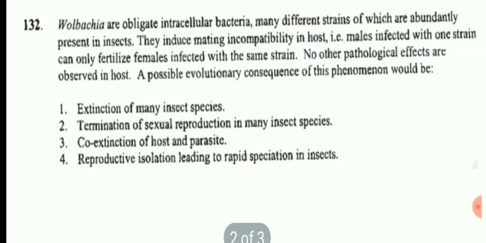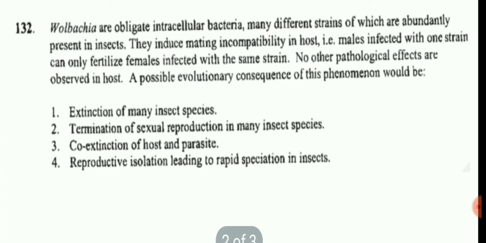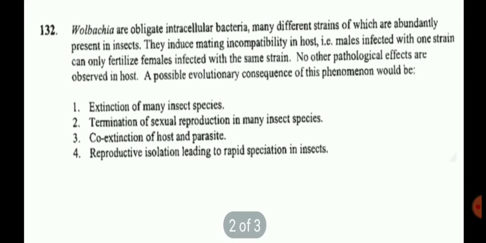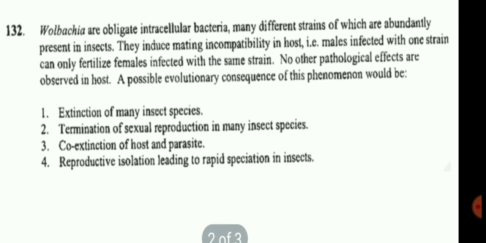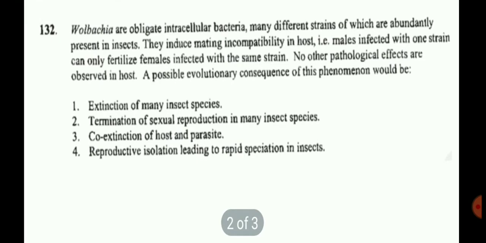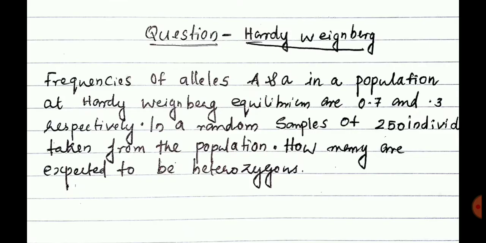Males only fertilize females infected with the same strain of this bacteria. That's what happens here. So the correct answer is reproductive isolation leading to rapid speciation in insects. Next question.